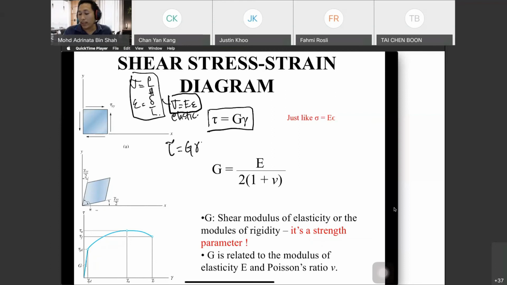So gamma is for our shear. G is given as the shear modulus of elasticity, and we can calculate it and put it in the mechanical properties of our table, from the modulus of Young and also from the Poisson's ratio.